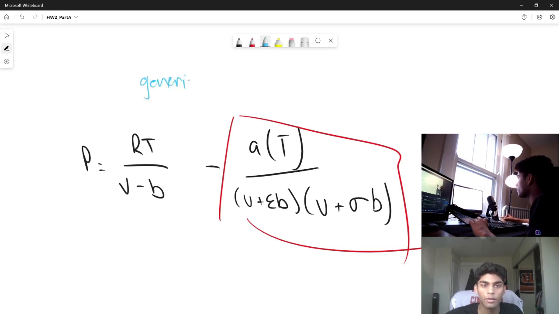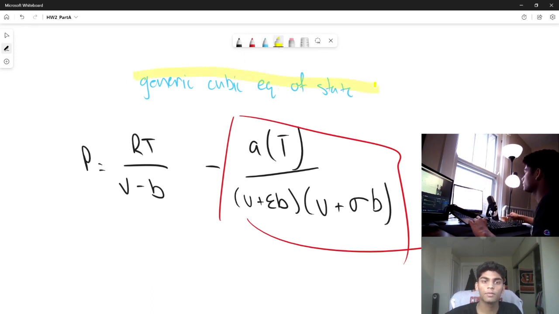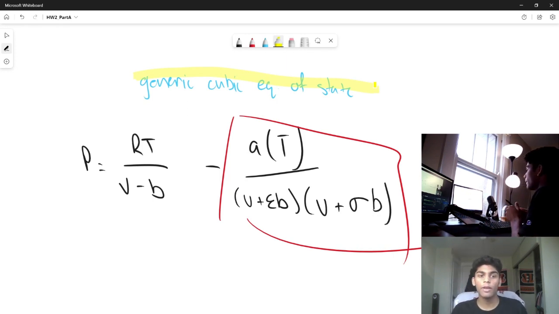The generic cubic equation of state. And in fact, instead of using the van der Waals equation of state, we're going to go ahead and use this generic cubic equation of state, right?